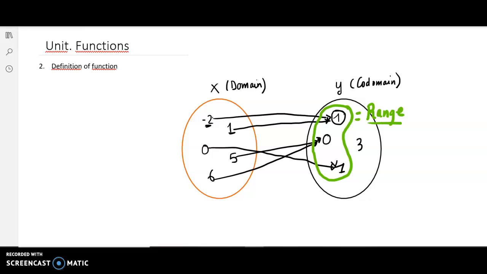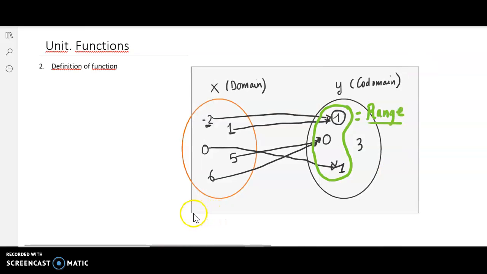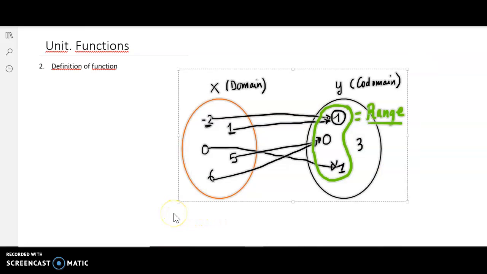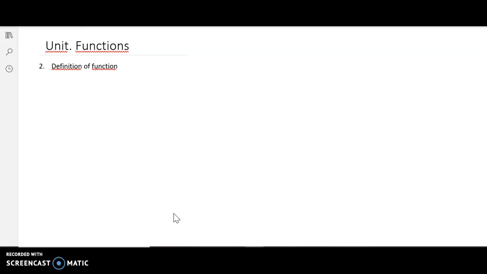Cool. So this is a good way to see a function. But in mathematics, we are going to see functions in 3 different ways. So let's see these 3 types.